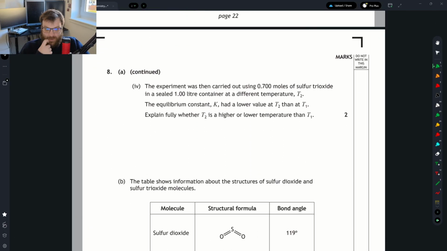Okay, this one, you've got K has a lower value at the second temperature. Okay, so it's always products over reactants. That must mean then if the value is getting smaller, there's less products. So less product at temperature 2.